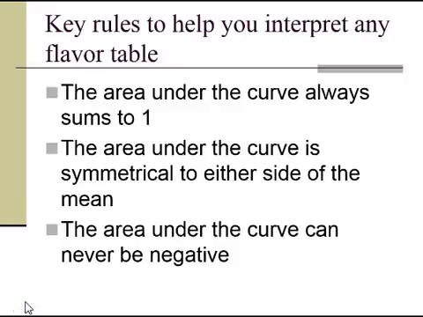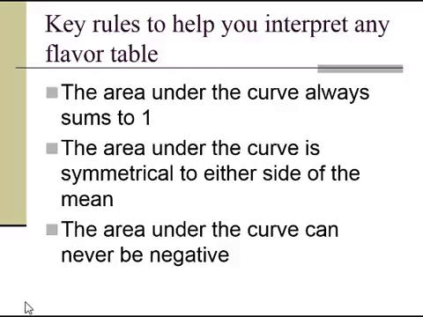As we work through some of these examples, keep these 3 rules in mind. They'll help you as we get into more complex probabilities. First of all, the area under the curve always has to sum to 1. So if you know the probability of observations being less than a given z-value, just take 1 minus that, and it will give you the probability of being greater than that value.